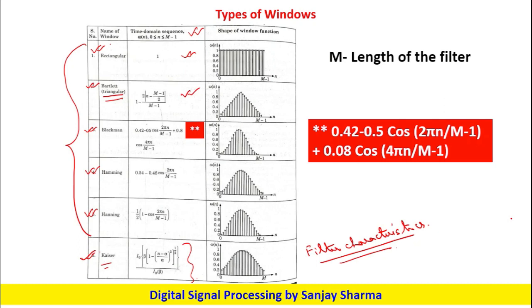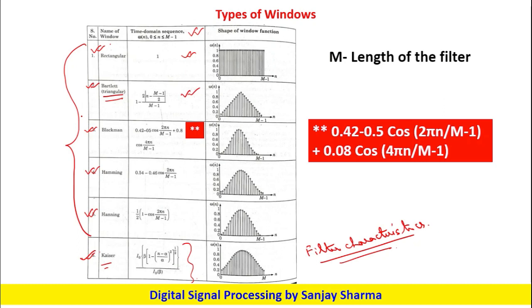So, if we are using windows 1 to 5, you have a fixed formula. You put in the parameters, and after putting the parameters, you will be able to calculate the window functions, and you just go and multiply it. Whereas in the Kaiser window, you have to look into the filter characteristics.